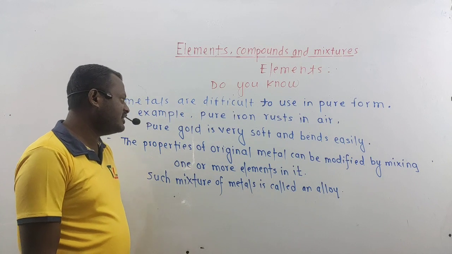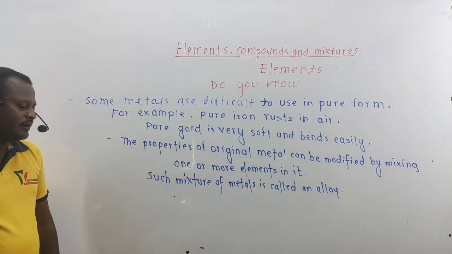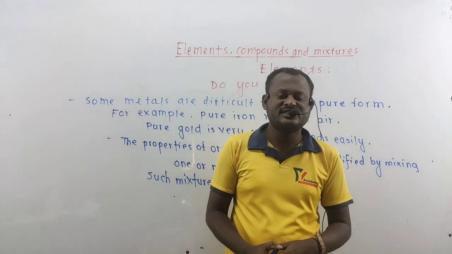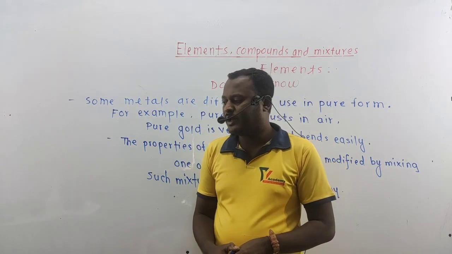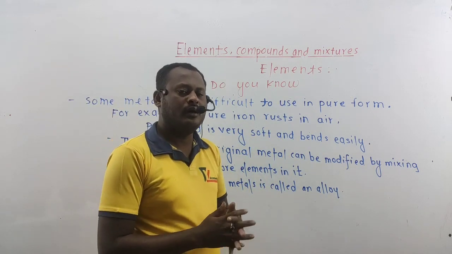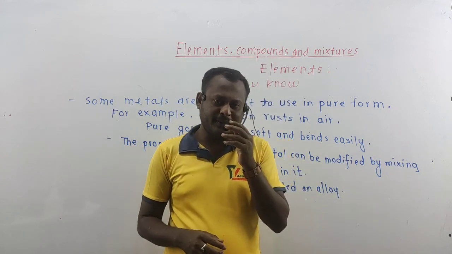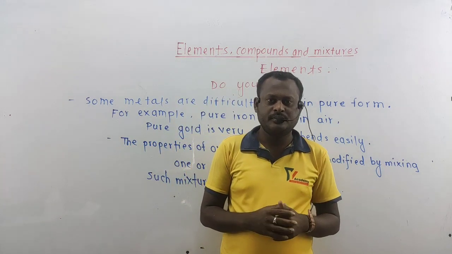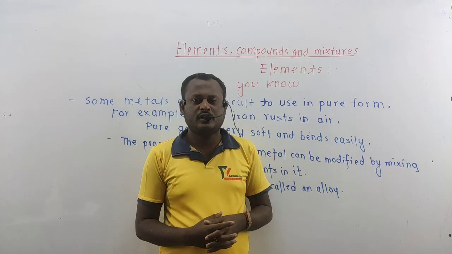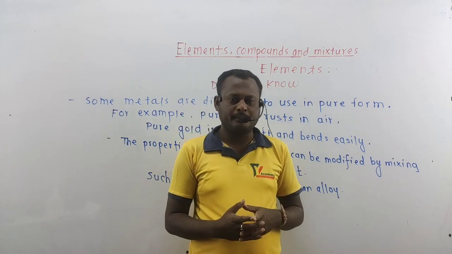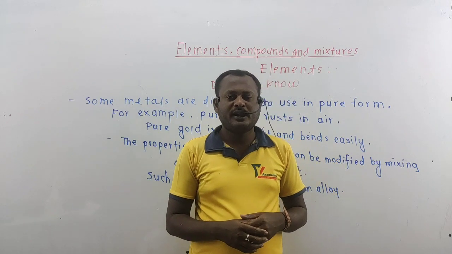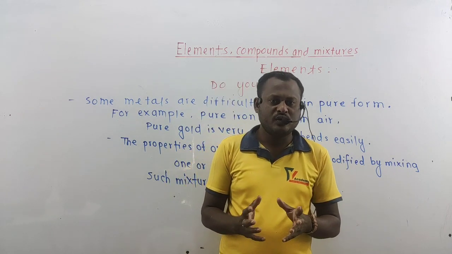ओके, कॉपर आणि टीन ह्यांचा जो alloy असतो त्याला आपण ब्रॉन्झ म्हणतो. तर या गोष्टी लक्षात ठेवा की जे प्युअर मेटॅलिक एलिमेंट असेल, त्याच्या प्रॉपर्टीज मॉडिफाय करण्यासाठी. If the original element has properties which do not match our application, then we have to modify the properties of the original element.